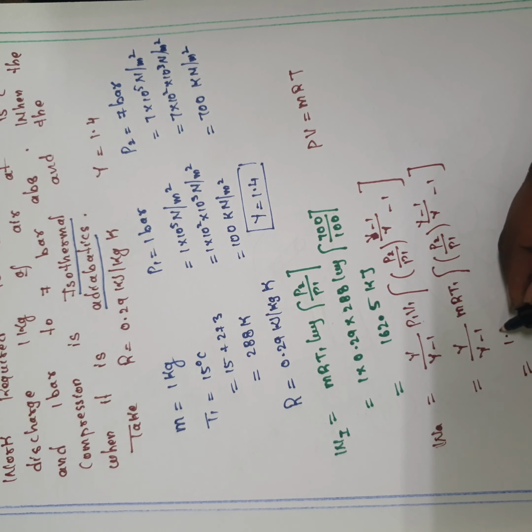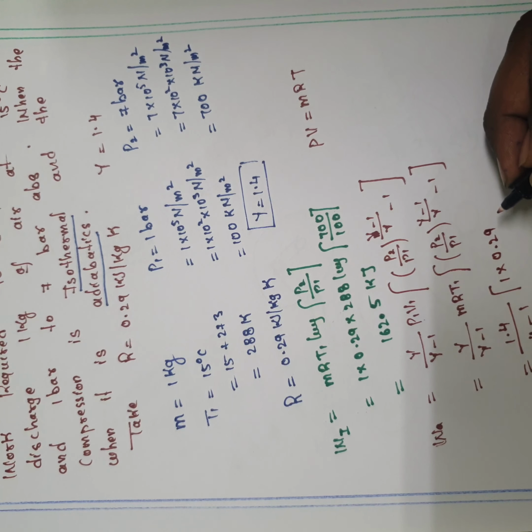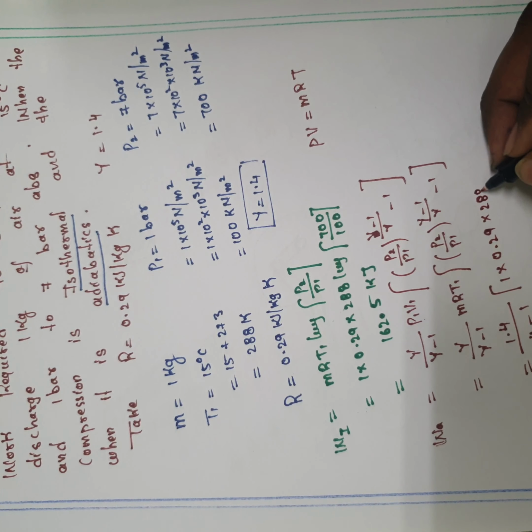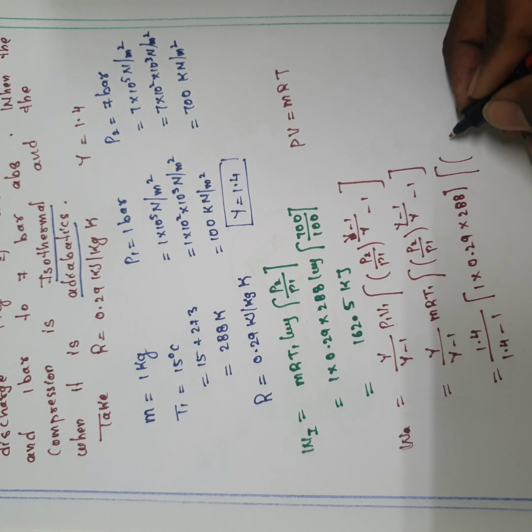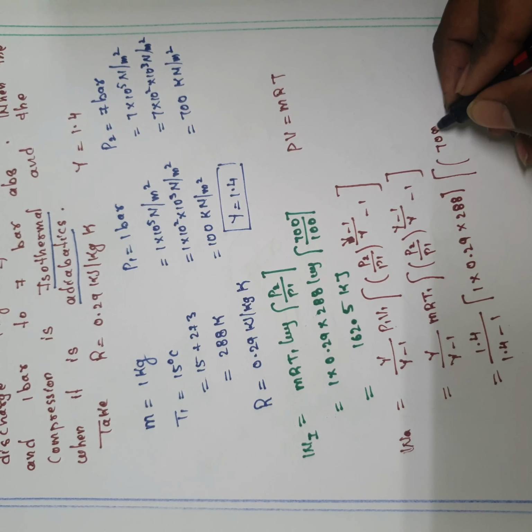Now substitute the values: gamma is 1.4, so gamma minus 1 is 1.4 minus 1. Mass is 1, R is 0.29 kilojoule per kg Kelvin, and T1 is 288. P2 is 700 and P1 is 100, and the exponent is 1.4 minus 1 by 1.4.